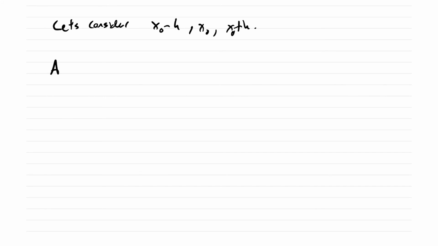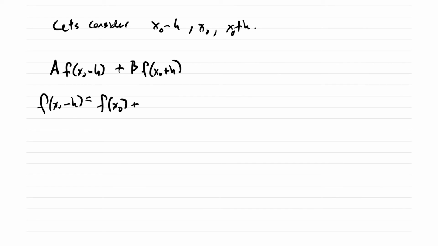So if you take a look at, say, a f of x naught minus h plus b f of x naught plus h, what we end up getting is that f of x naught minus h should be equal to f of x naught plus h f prime of x naught plus, say, h squared f double prime of x naught over 2, and it should be not h, but minus h, so here will be a negative, here's a positive, and then you can keep expanding it if you wanted.